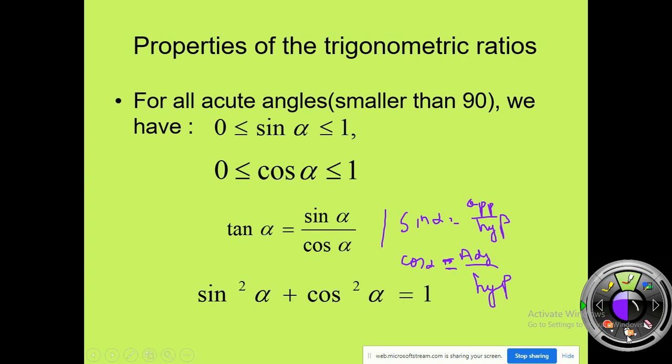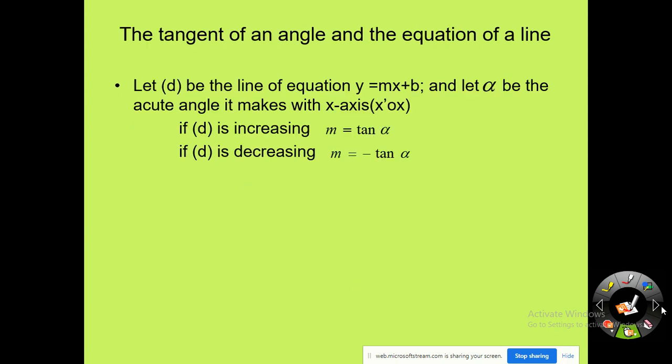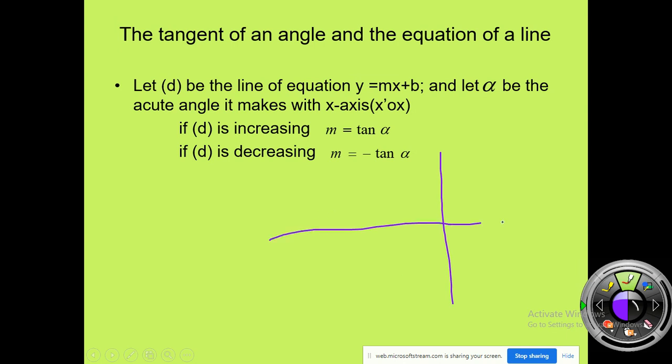One more piece of information. I told you about it when we were doing the equation of a line. I told you you're going to see it later. If I have a line in the system, and m is positive, and I want to find this angle here, the tangent of this angle is equal to the slope.